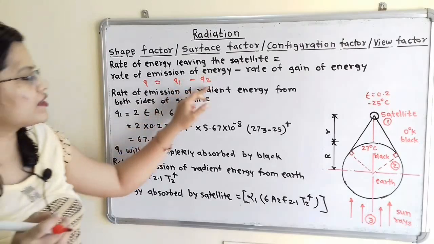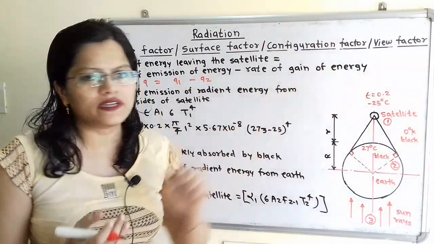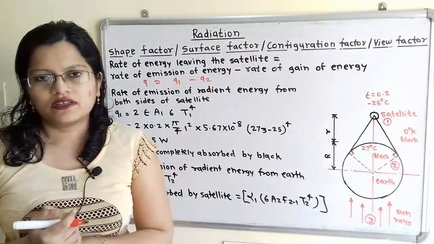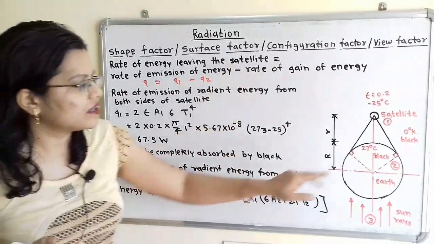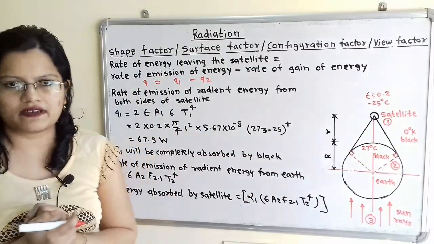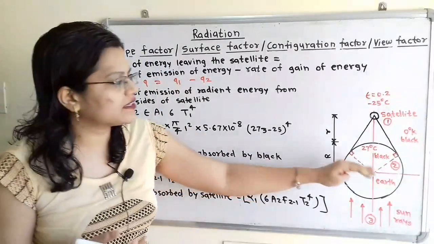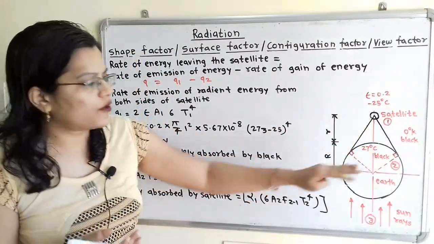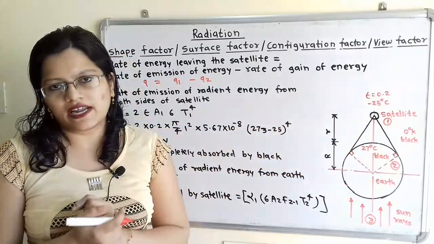Now we will move to Q2, the rate of gain of energy. If we observe here, this whole upper half portion is black. How is this energy gained from the Earth by the satellite?